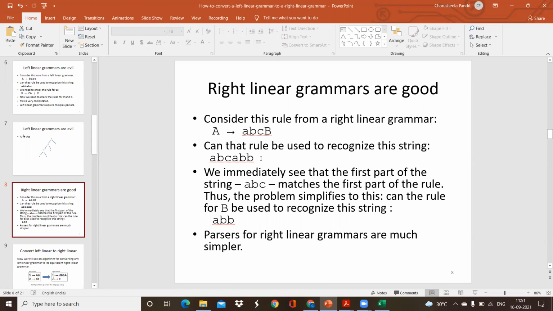So that is the reason it becomes very easy to guess which production rule to use, so that eventually you can expand the non-terminals to get the input string. And that is the reason it is easy to develop the parsers for right linear grammar also.